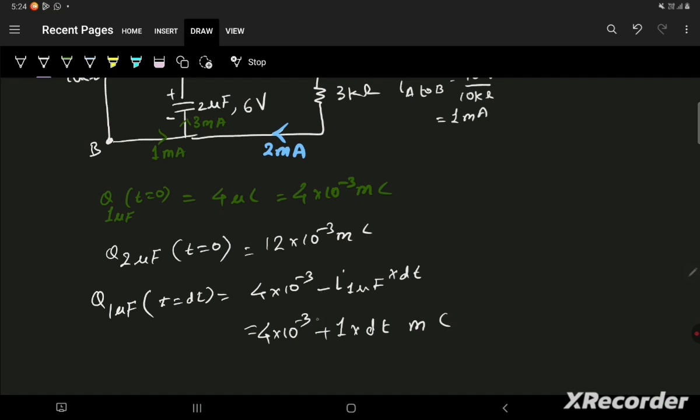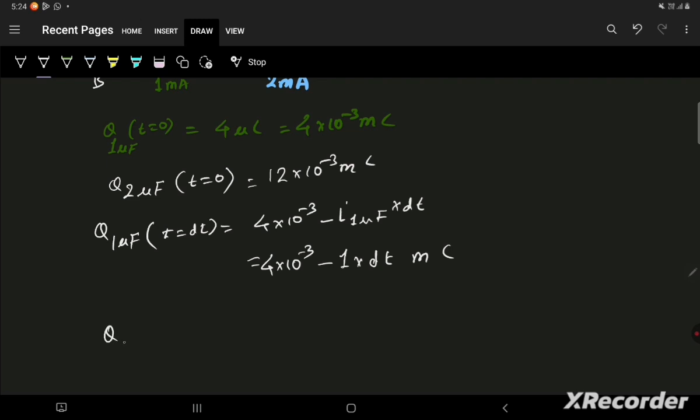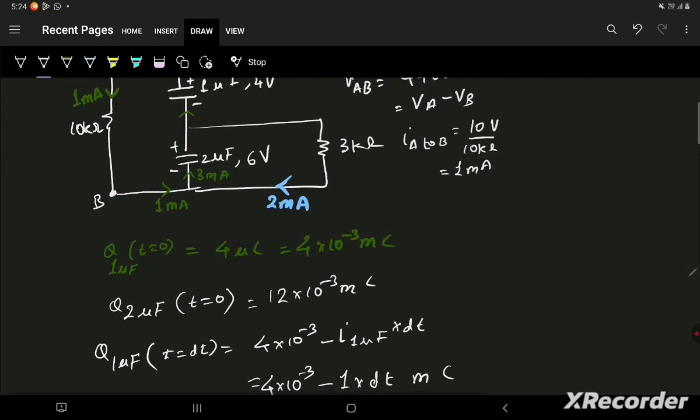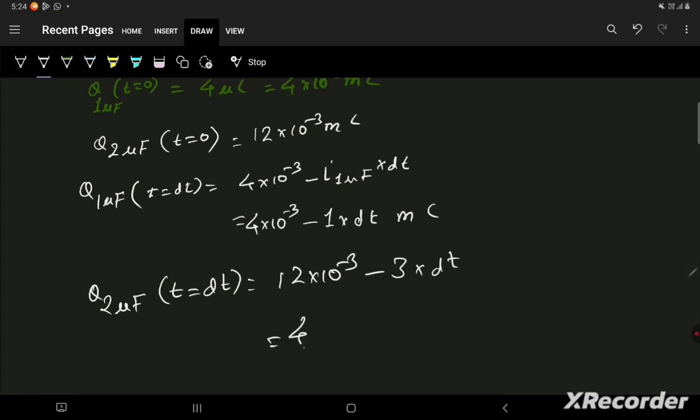Rather it will be minus because the current is going out of the positive plate. Similarly, the charge on the 2 microfarad at t equals dt will be 12 times 10 to the power minus 3 minus 3 times dt millicoulombs.